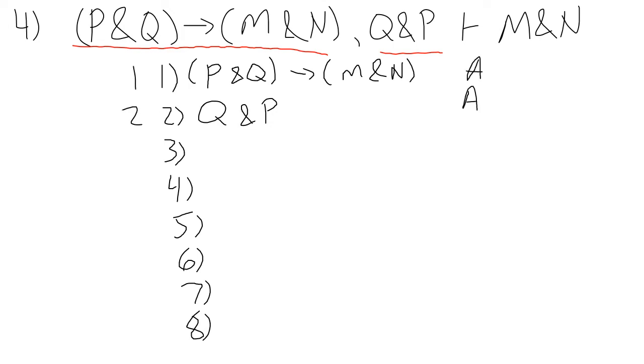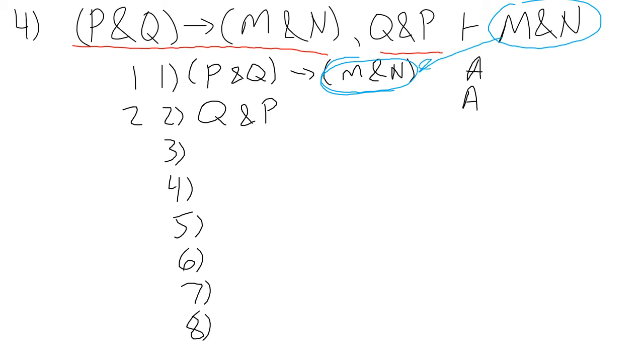We'll assign them the number that they appear on and the line that they appear on. Now, what are we looking to prove? We are looking to prove m and n. Do I have m and n anywhere? Well, yes, I do. I have it right here, exactly in the same way as it's written in the conclusion.